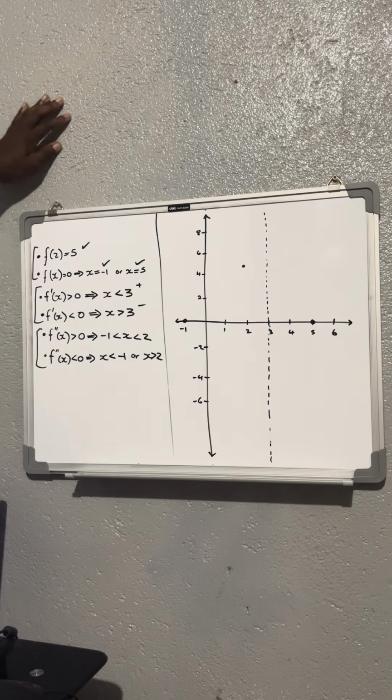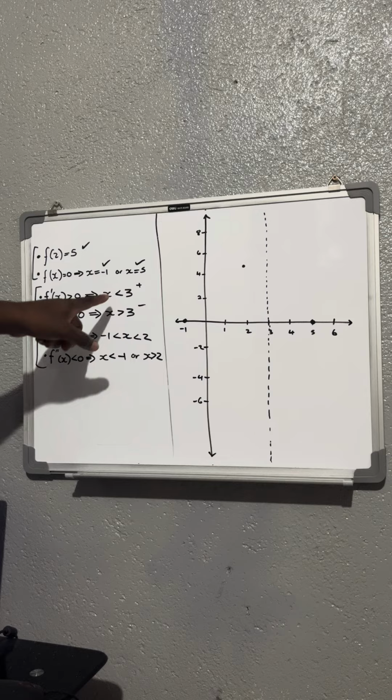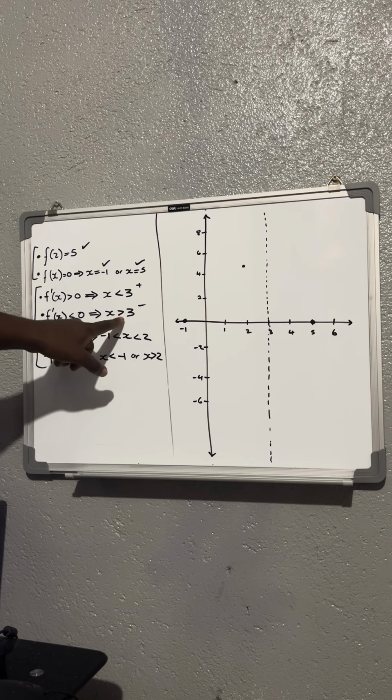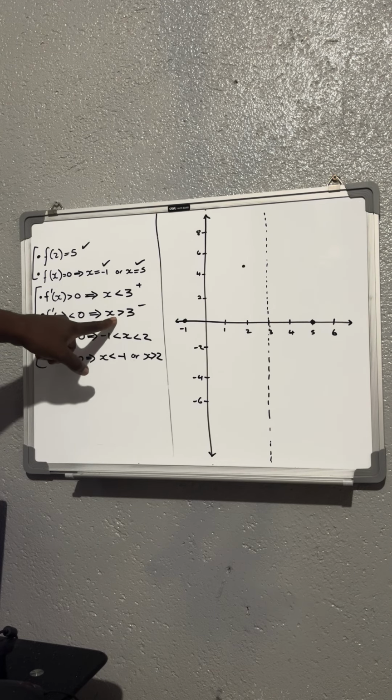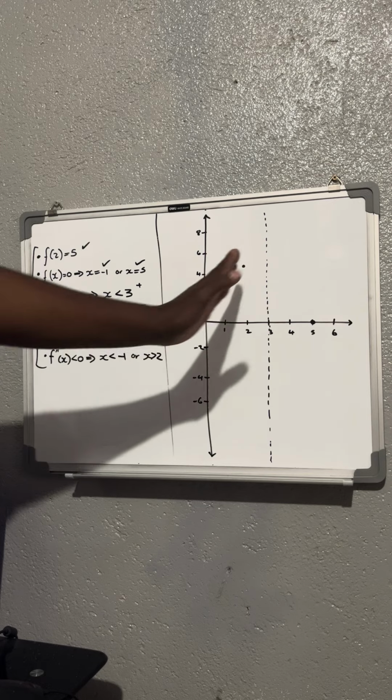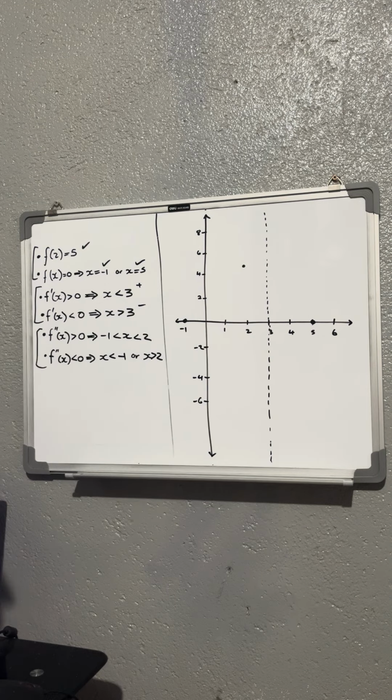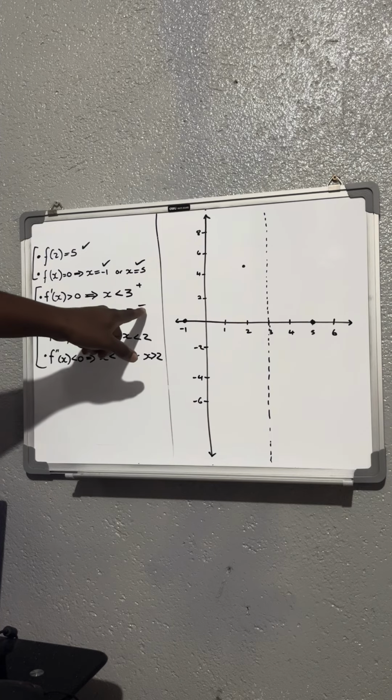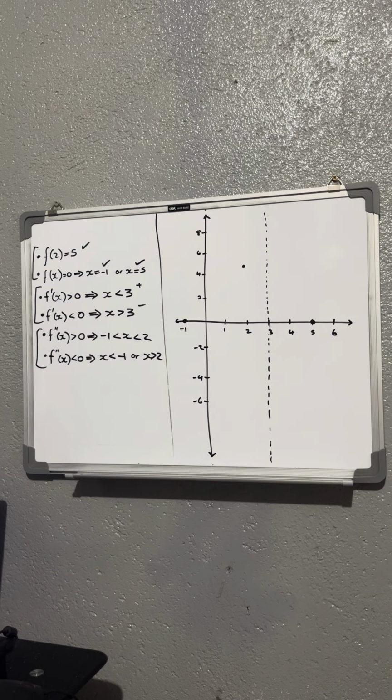So what is this telling me? For the region where x is greater than 3, going that side, my graph is going to be negative, or decreasing. So how is my graph going to look?